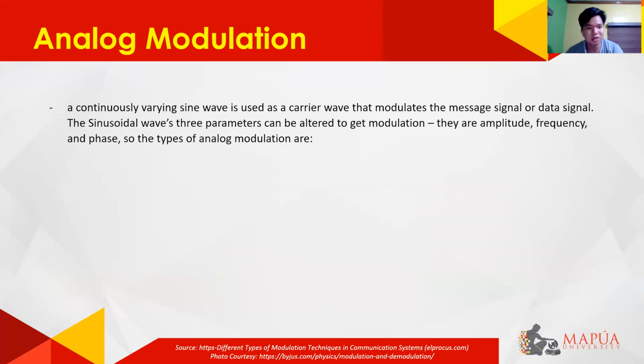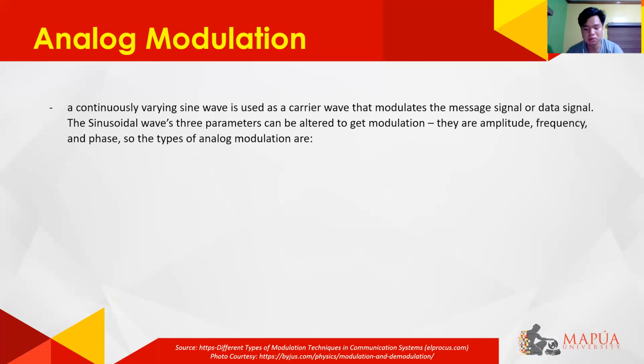Okay, so analog modulation. A continuously varying sine wave is used as a carrier wave that modulates the message signal or data signal. The sinusoidal wave's three parameters can be altered to get modulation: their amplitude, frequency, and phase. As you have seen earlier in the types of modulation, we have FM, PM, and AM.